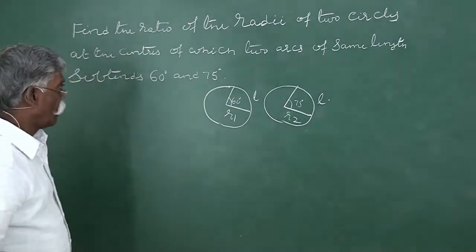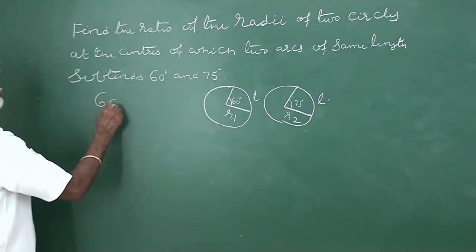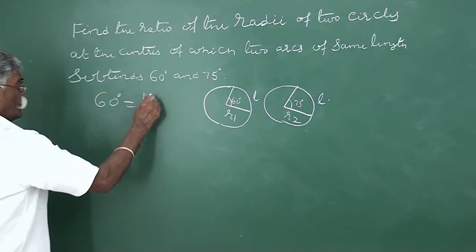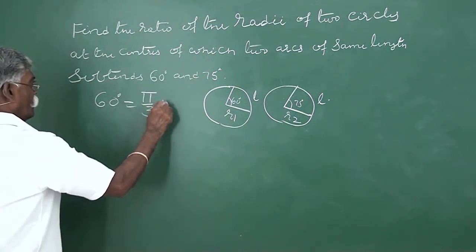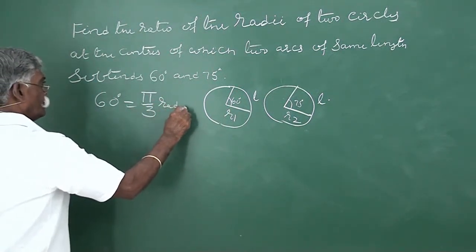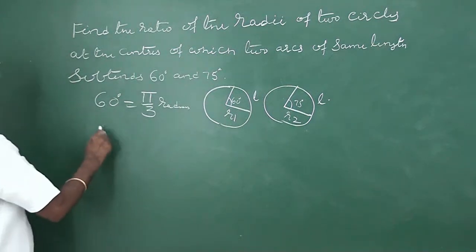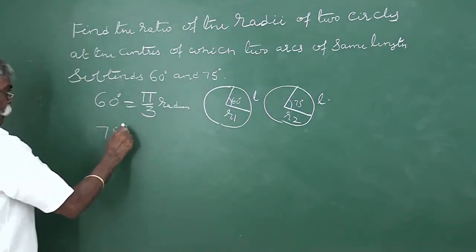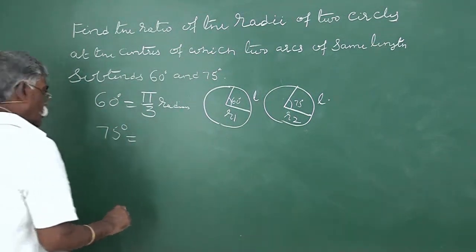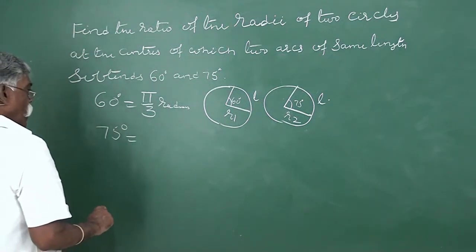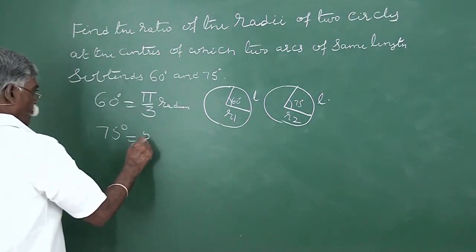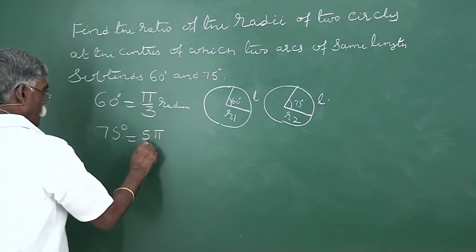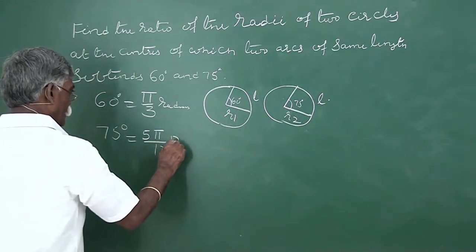75 degrees. And 60 degrees is equal to pi by 3 radians. 75 degrees is equal to 5 pi by 12 radians.